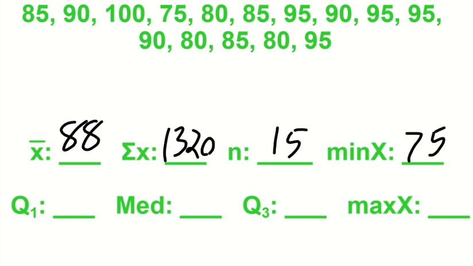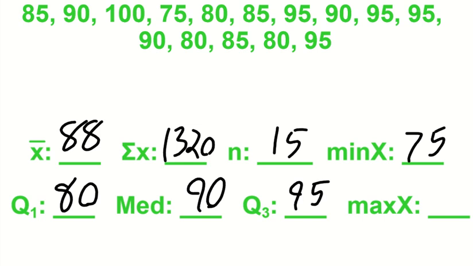First quartile, Zion? 80 is correct. Median, Tariah? 90 is correct. Third quartile, Mason? 95 is correct. And the maximum, Alexandra? 100 is correct.